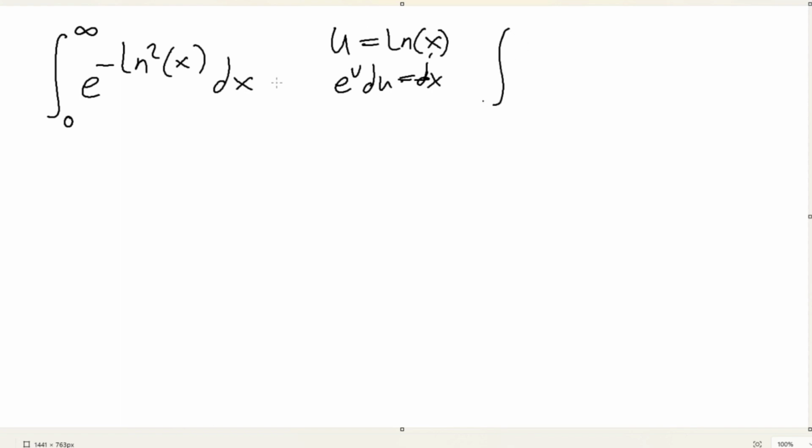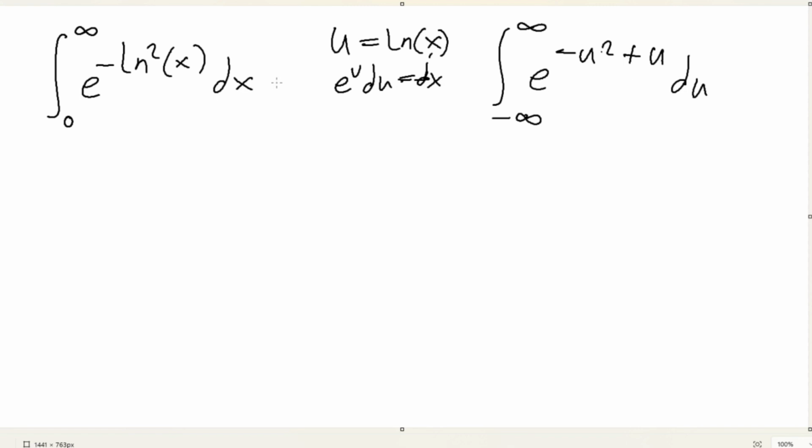And then this would give us negative infinity on the left-hand side, 0, and then ln of infinity is infinity. There you go. And so now we have e to the negative u squared plus u, technically, because of the e to the u du.